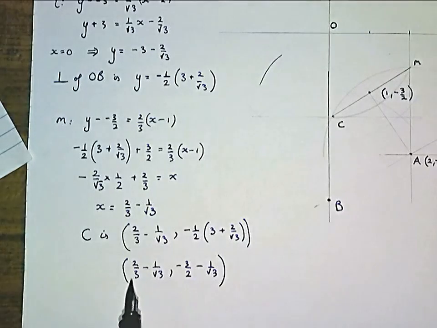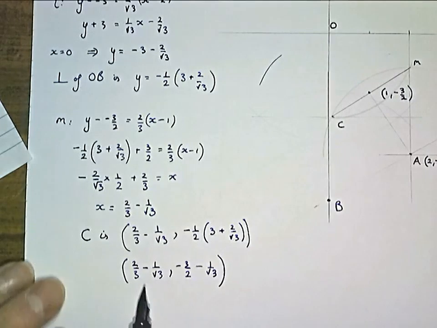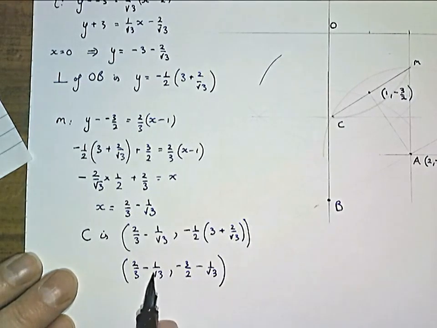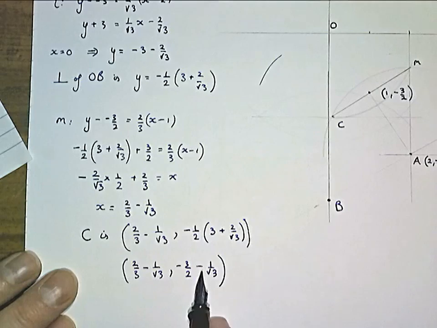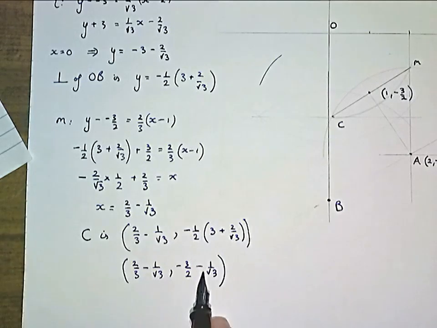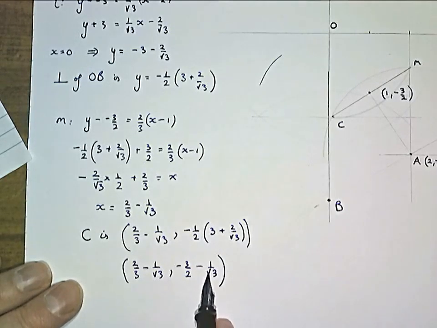Well, from here, if we want to know the radius of this circle, or rather, if we want to know r squared, if we square that, and we square that and add them together, we do get 13 over 6.